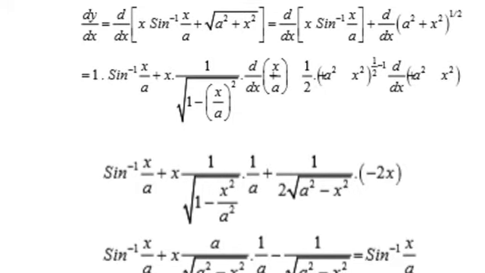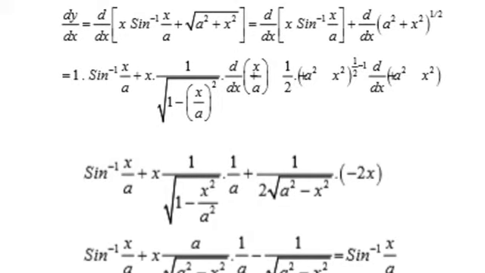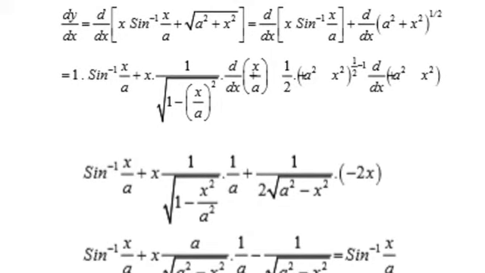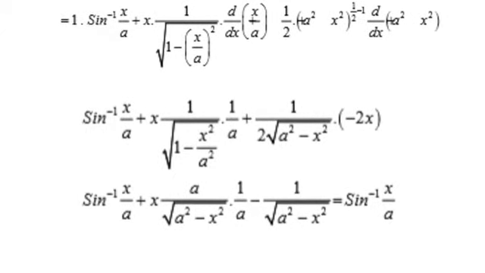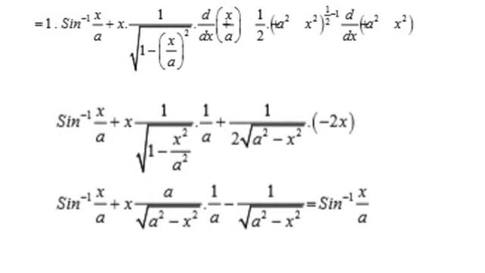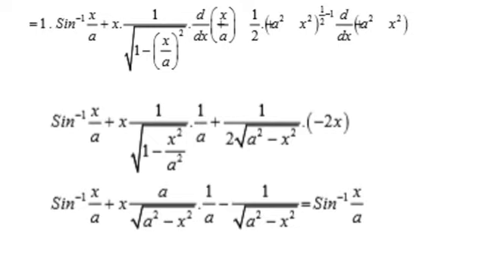The derivative of x over a is 1 over a, and here the derivative of a square is 0 and the derivative of x square is 2x. Now we simplify the square root value in the denominator. We take a square LCM, and the LCM is a square. When we move out from the square root, it becomes a. We note that the last two values are the same. We got these values and the answer is sine inverse x over a.